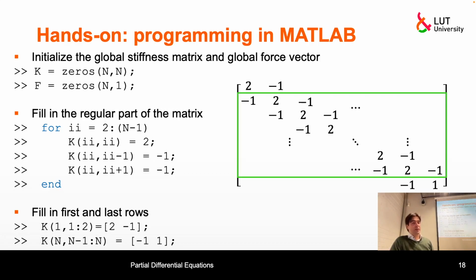You might not get it, it depends on how you enumerate your points. They're usually called nodes. We can call them nodes in finite difference methods as well. So how you enumerate those nodes. In this case, we had only one axis and displacement along that axis, and it was kind of natural to enumerate from the left end to the right end.